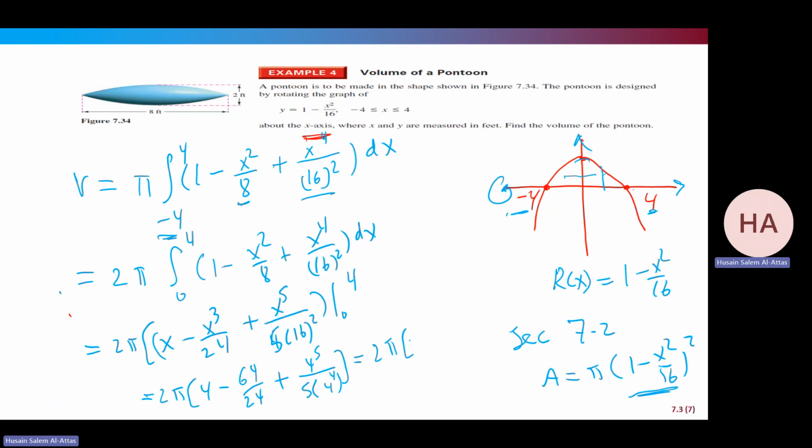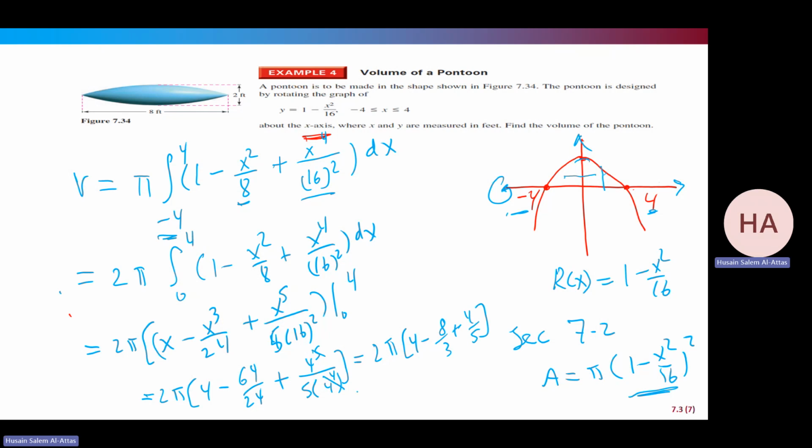That will be 2 pi, 4 minus 64 over 24. Divide by 8, numerator and denominator, I'm getting 8 over 3. This one, cancel 4 to the power 5 with this, cancel this with this, I'm getting 4 over 5.